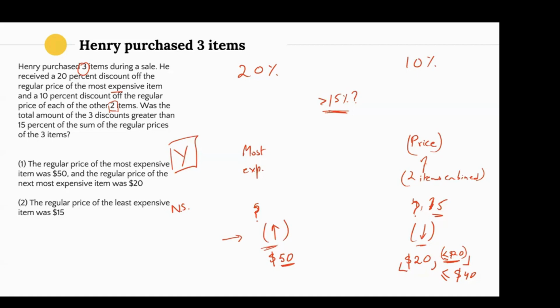I see. So you just thought that in the store, that's the most expensive item. Yeah. So that's why there was no clarity in the statements if this is what they're referring to, what Henry has purchased. So I thought they're making a generic statement, and that's why I chose E. Okay, let's see that though. Henry purchased 3 items. He received a 20% discount off the regular price of the most expensive item.